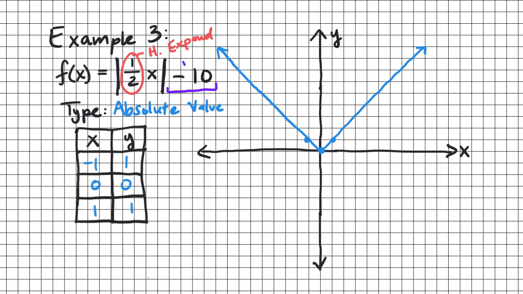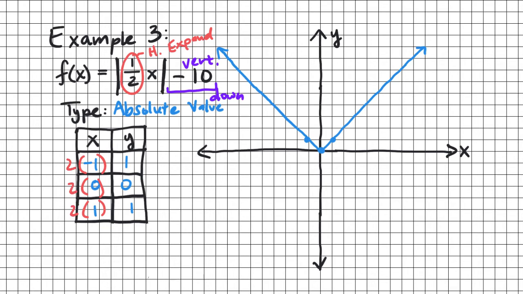So that's vertical, and since it's minus, we're going to go down 10 units. Okay, so if you remember, for horizontal expansion, what we end up doing is multiplying all the x values times the opposite, the opposite of dividing by 2, multiplying by 2. So we're going to multiply all these x values times 2.